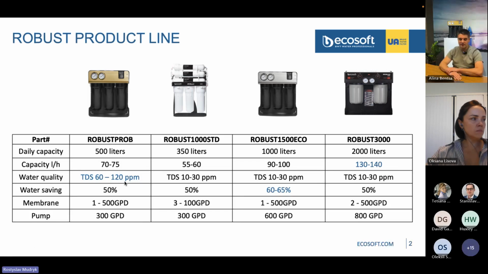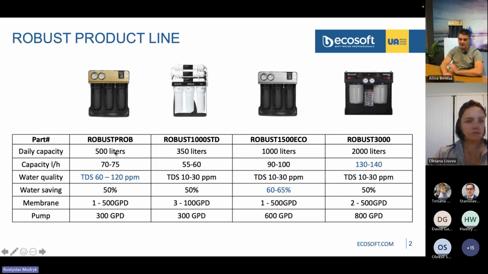This water is enriched with magnesium, calcium, and bicarbonates, so it has a much better taste. This water is very good for drinking purposes. So this is the first difference.